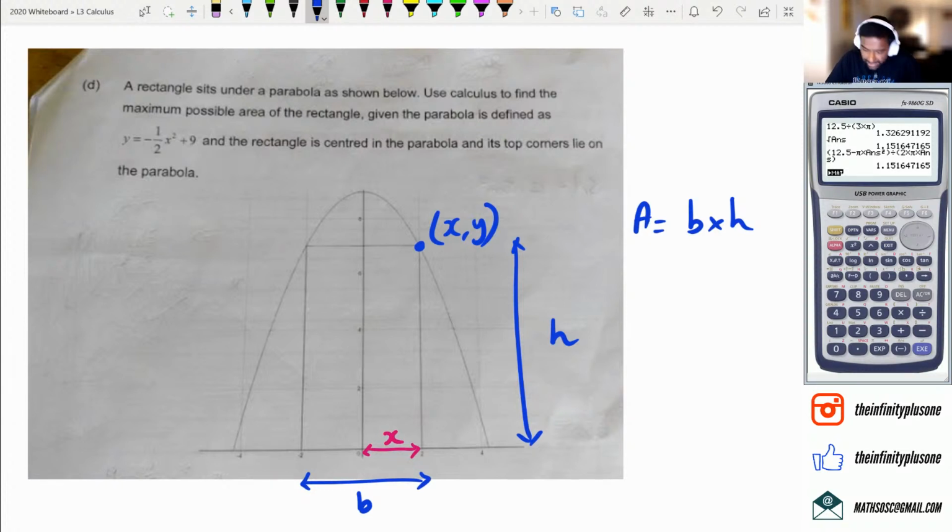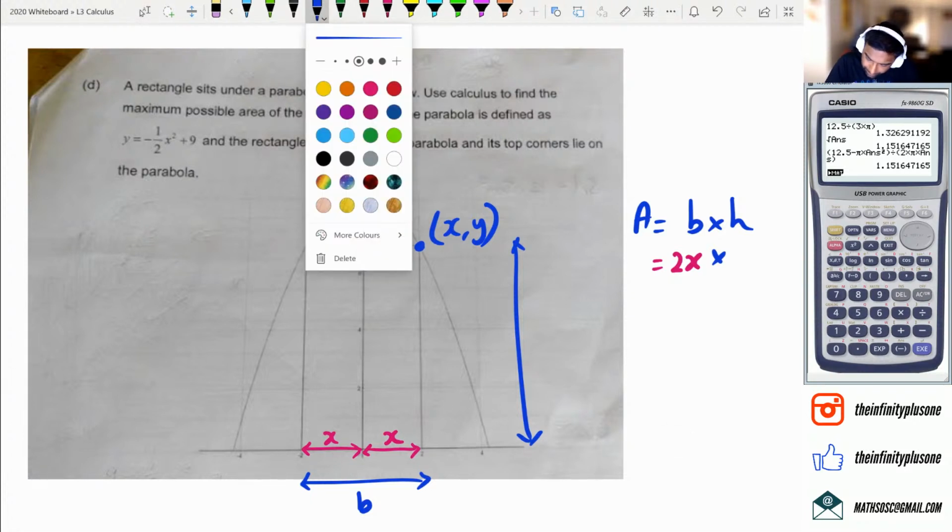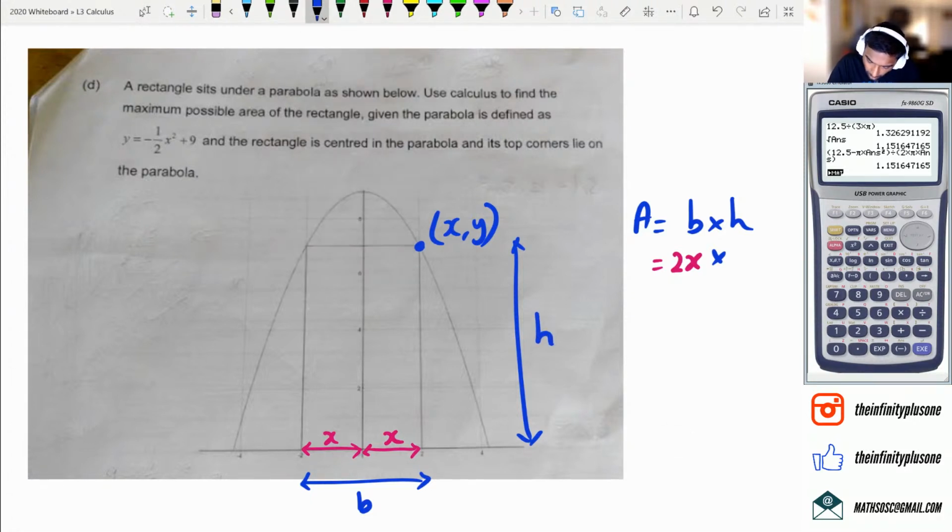Because that's x, and the rectangle is symmetrical, the base is going to end up being 2x. And the height of this rectangle is the same thing as y.